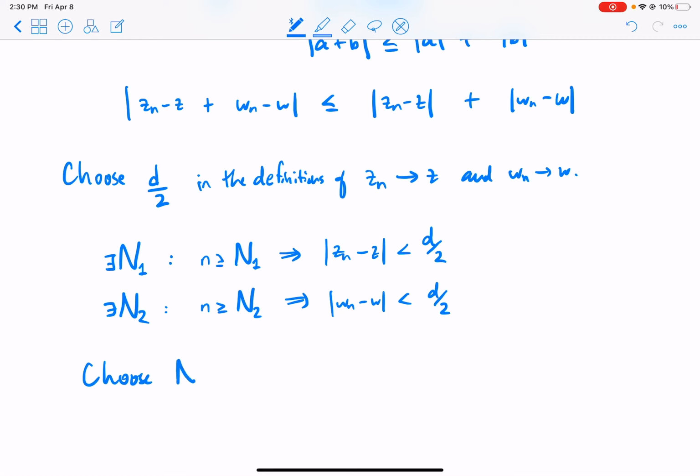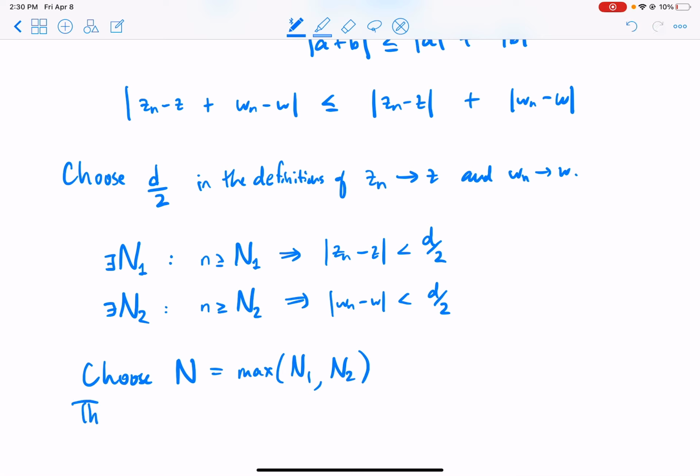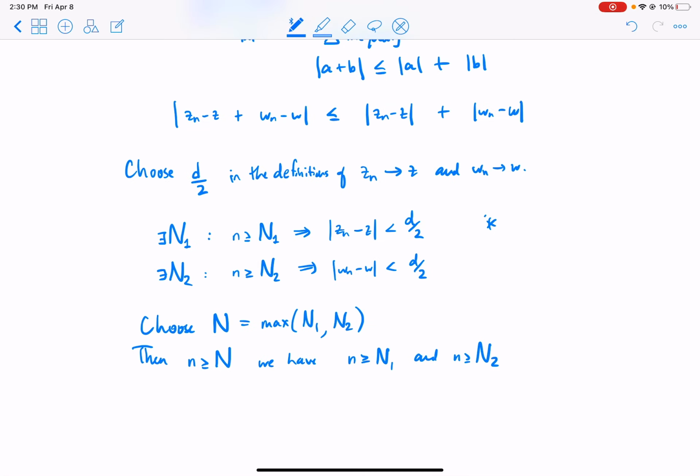Choose capital N equal to the max, whichever one is bigger between these two cutoffs that we knew existed from our assumptions that these converged. Then, if n is greater than or equal to capital N, we have n greater than or equal to N1, and n greater than or equal to N2, so that star and double star hold.